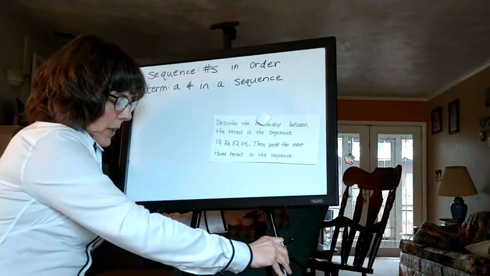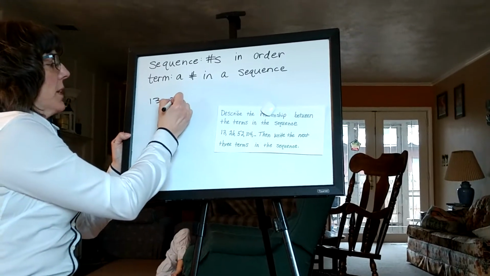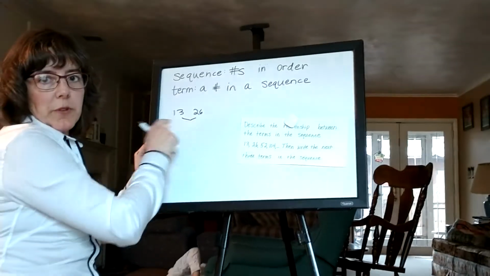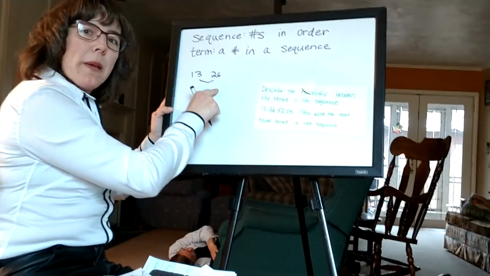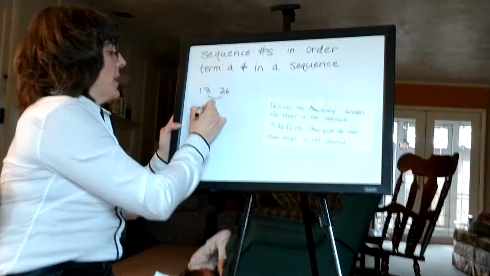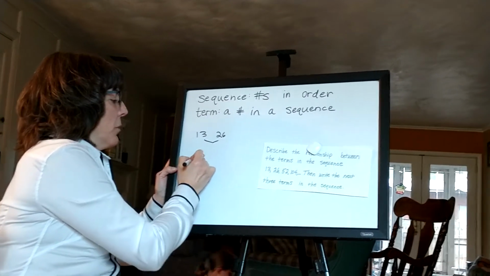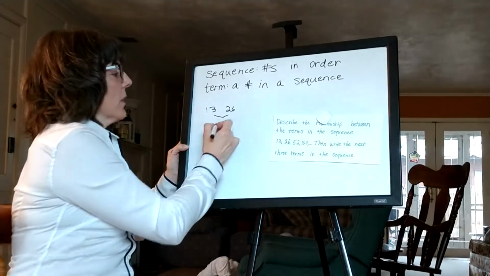Well, we want to figure out how do we go from 13 to 26. How do we skip from 13 to 26? We know we're getting higher, so maybe we'll be adding. So 13, and I know that 13 plus 13 equals 26.